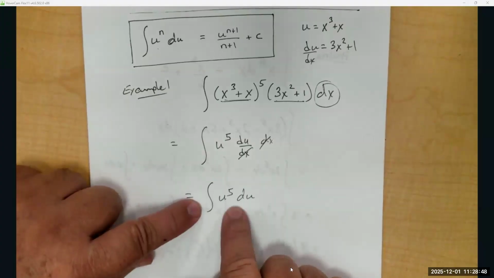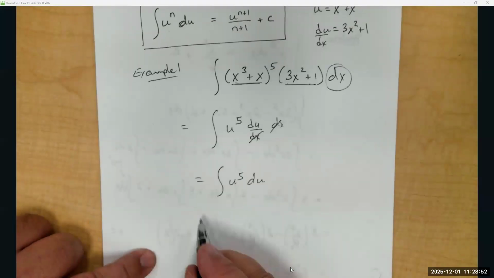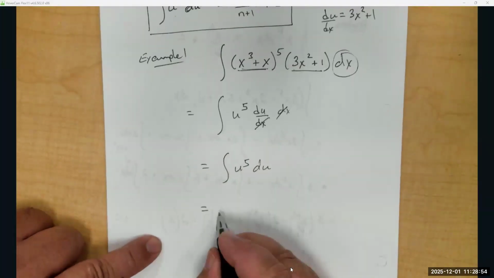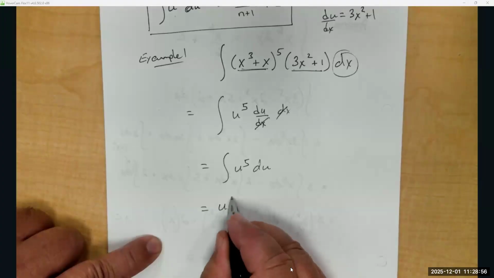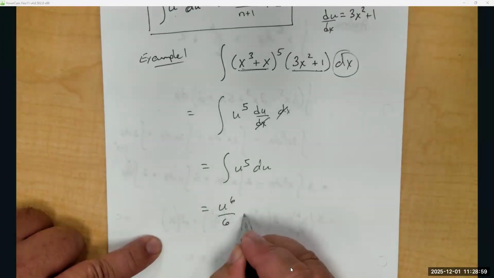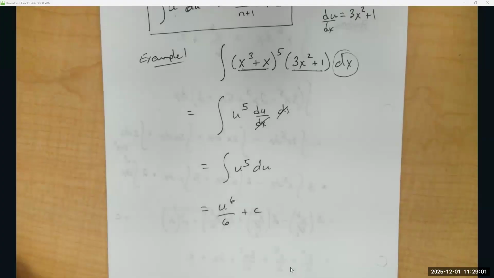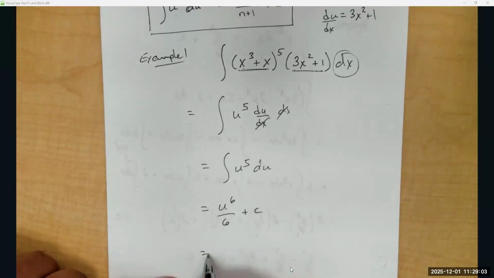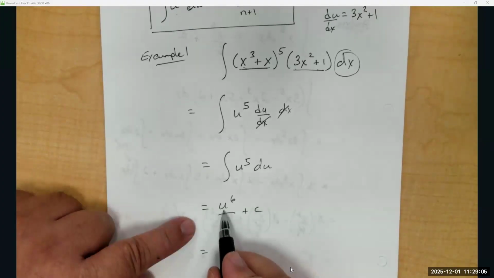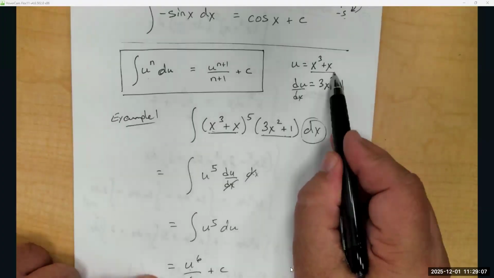Isn't this one a lot easier to look at? So what's the integral of u to the 5th? Plus c. Now resubstitute. What is u? u is this equation there.